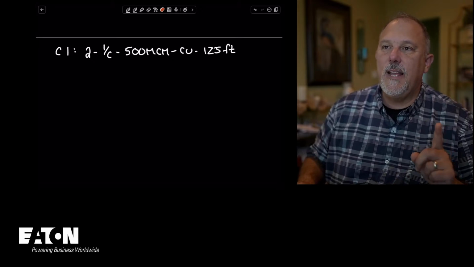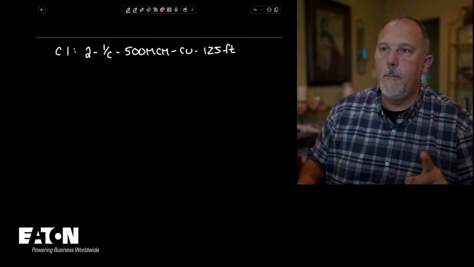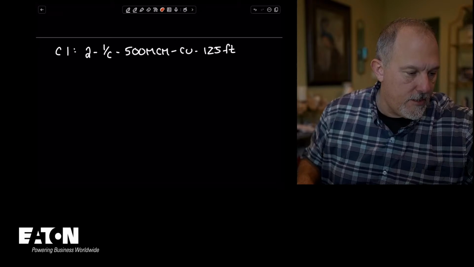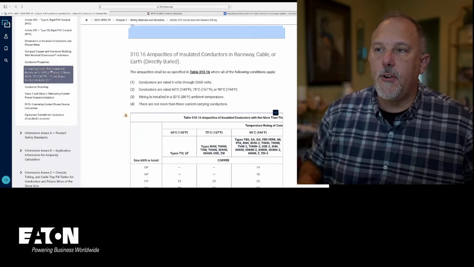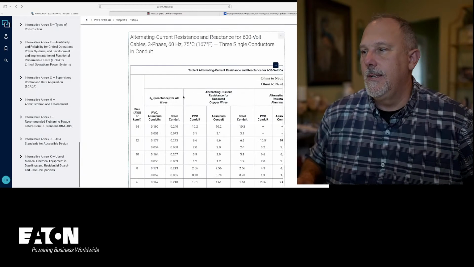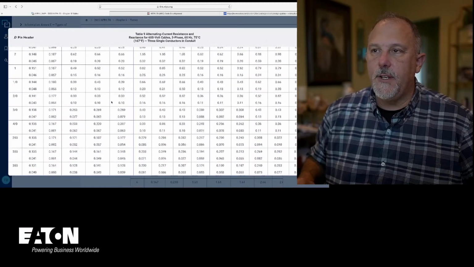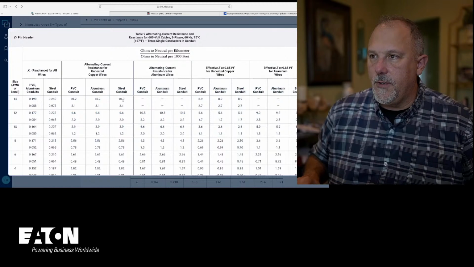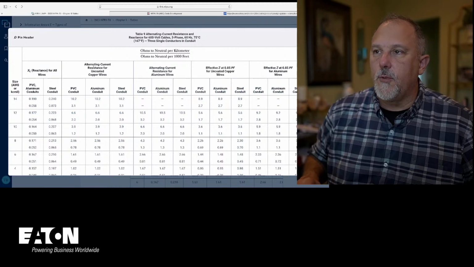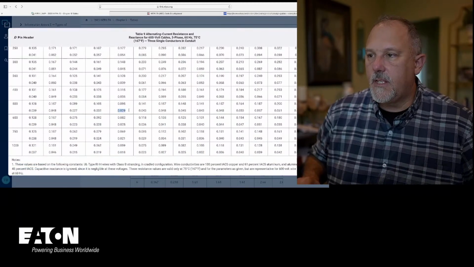So we're going to go to table 9, and we are going to go to alternating current resistance and reactances. All right, expand table. 500, okay. Steel conduit, I'm going to use steel conduit. So the resistance values are right there. And if I go to 500, it's this bottom number.